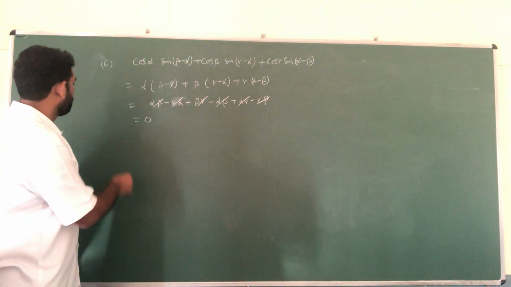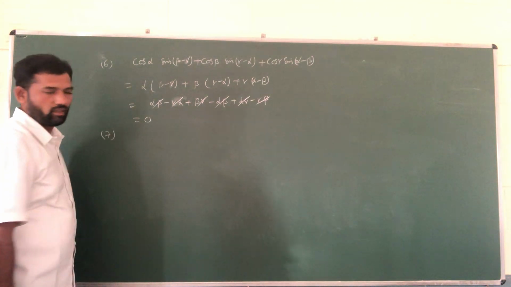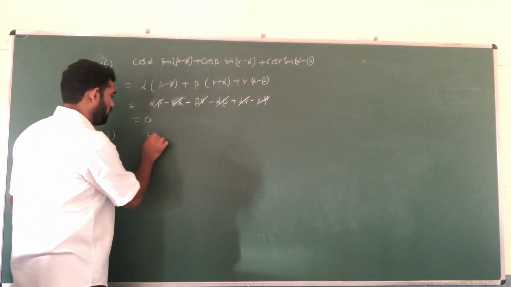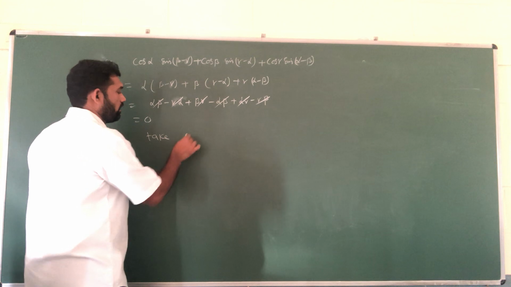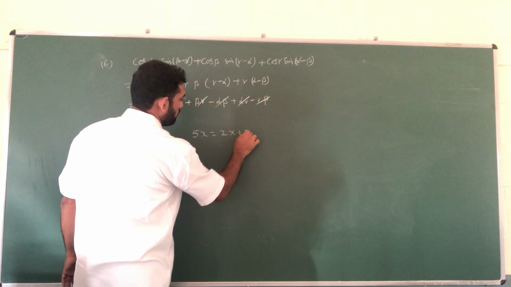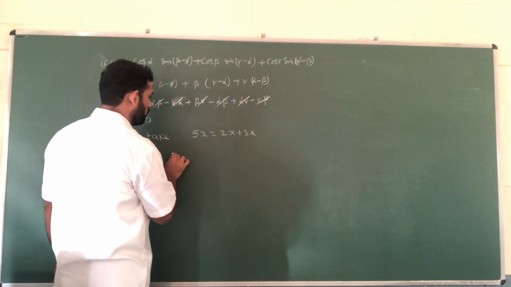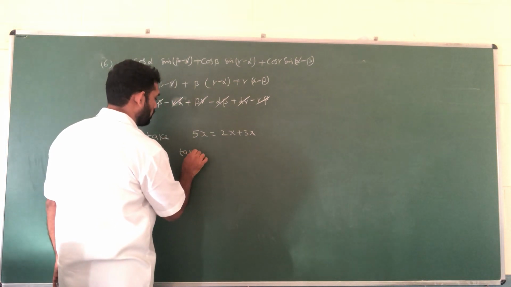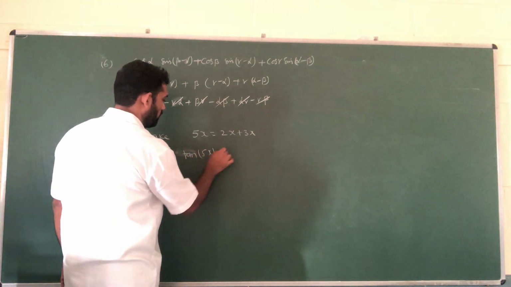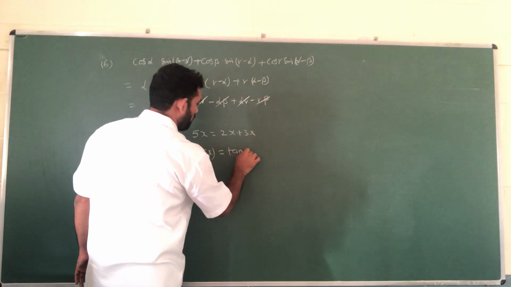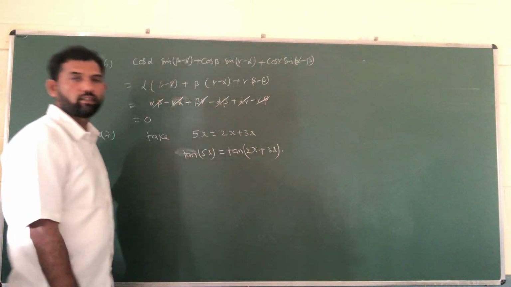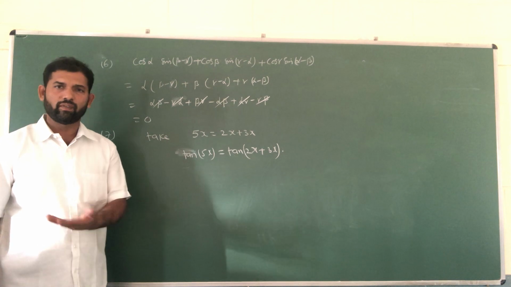Next question, the 7th one. You take 5x equal to 2x plus 3x, taking tan on both sides. So what happens? Tan 5x equal to tan(2x plus 3x). Then you simplify and will get the solution.